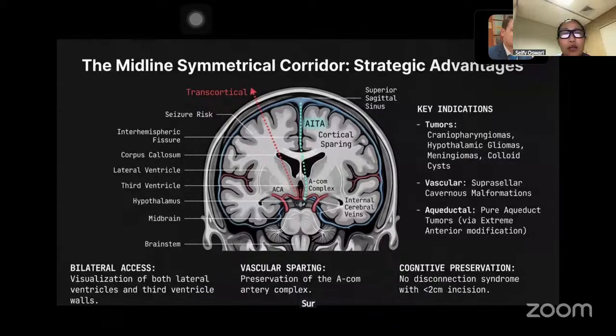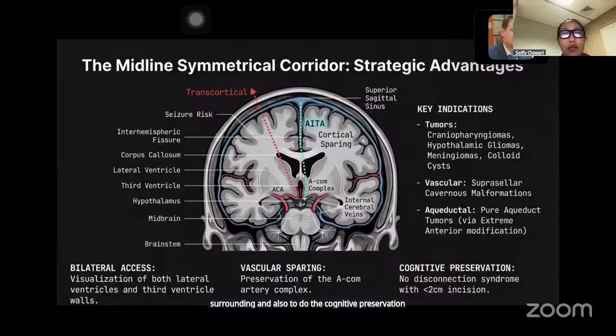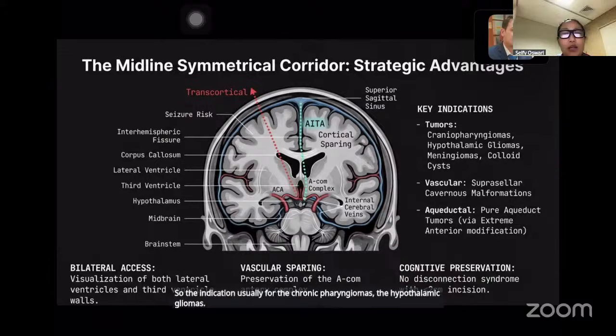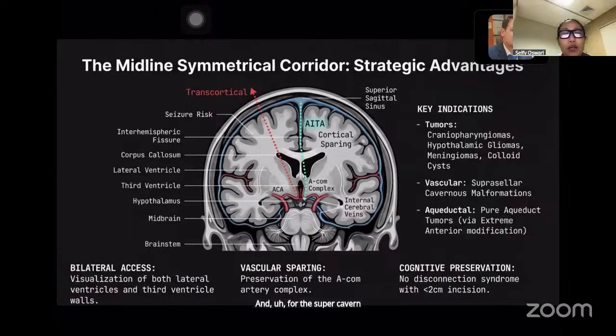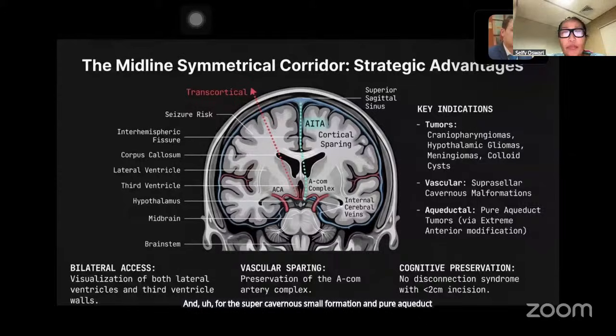To preserve cognition, we can make the incision of the corpus callosum about 2 centimeters or less. The indications usually are craniopharyngiomas, hypothalamic gliomas, meningiomas, and colloid cysts, maybe one of the most common, and also suprasellar cavernous malformations and pure aqueduct tumors.